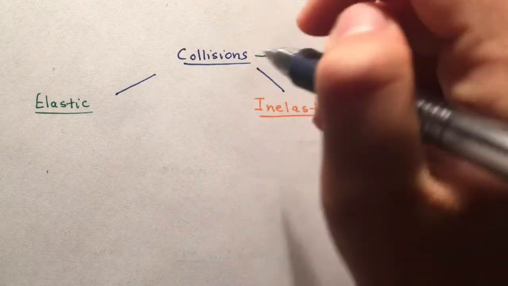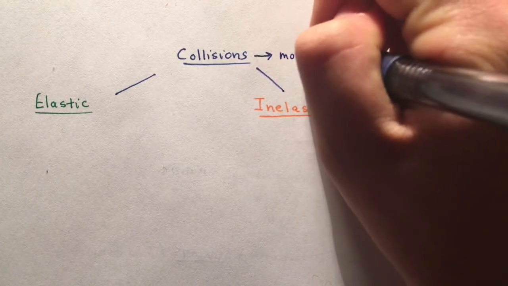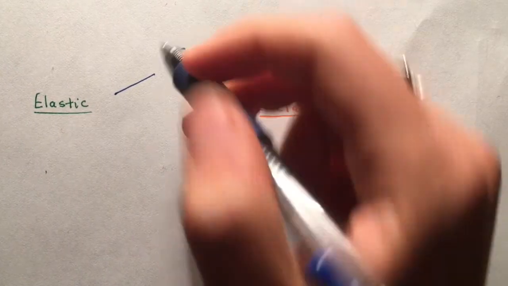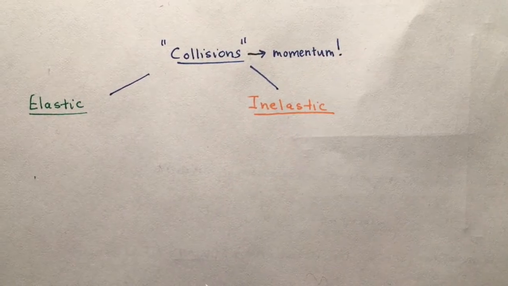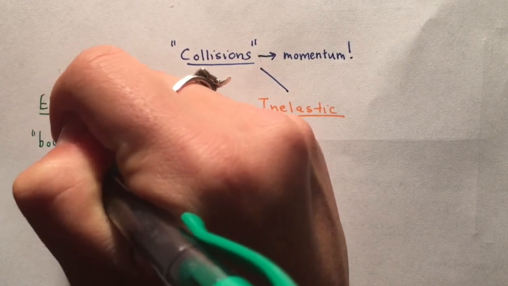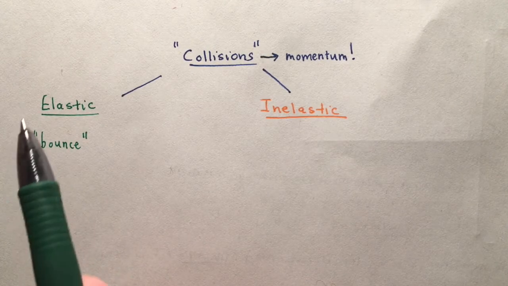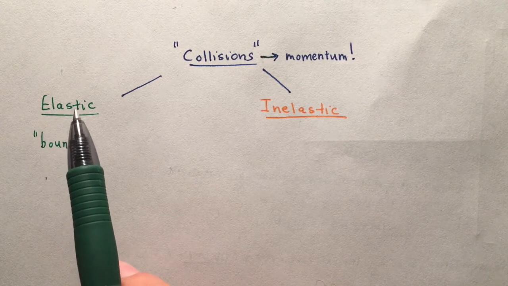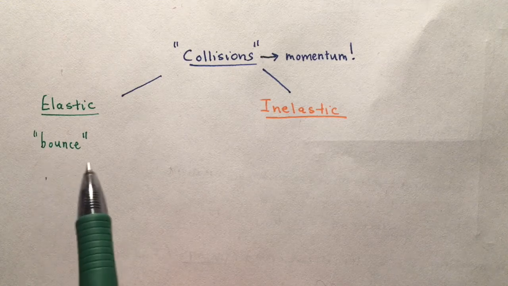So in a problem, if you see the word collision, you should automatically be thinking momentum. If in the problem you see the word bounce, you should automatically be thinking elastic collision, and it means that the objects after the collision are going to separate.